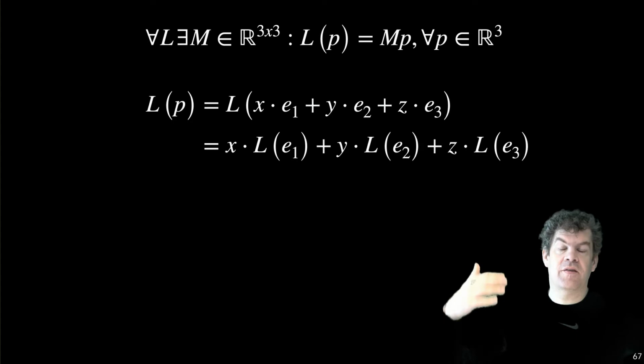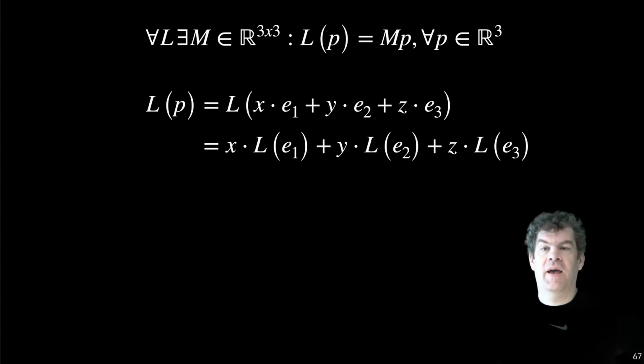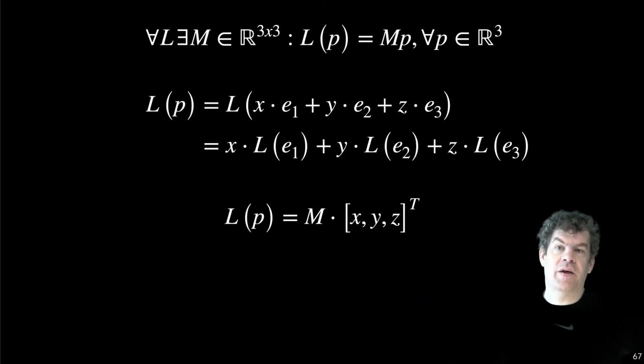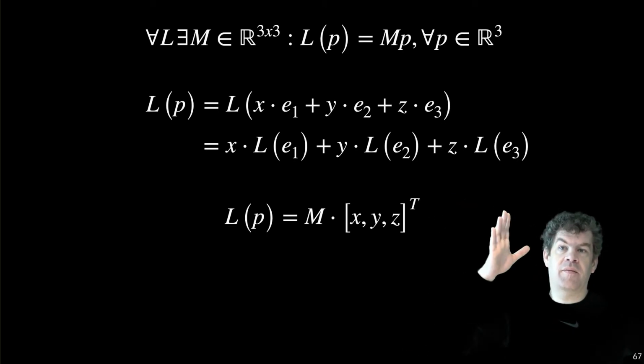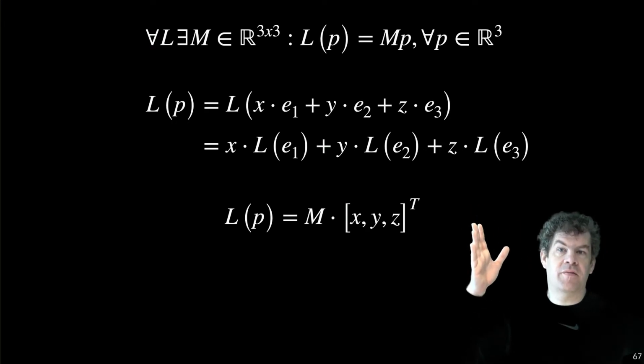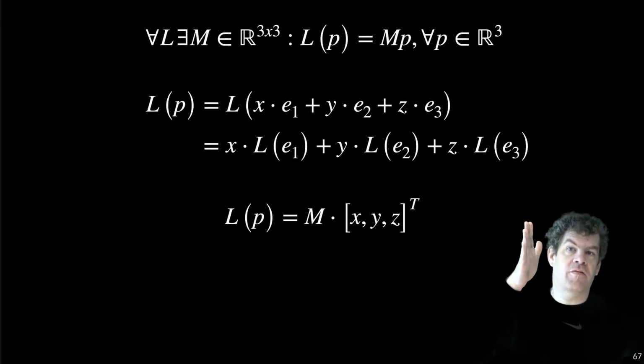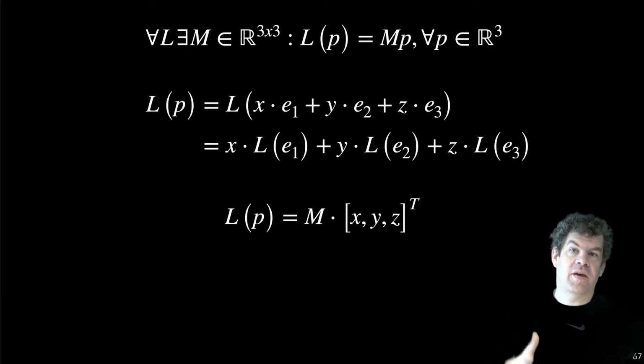And then I apply the second one, which means I can pull a scalar out of a multiplication. And once I've produced this thing here, this is nothing but a matrix vector product, okay? I basically take X times a vector, namely L of E1, Y times a vector, namely L of E2, and Z times a vector, namely L of E3.